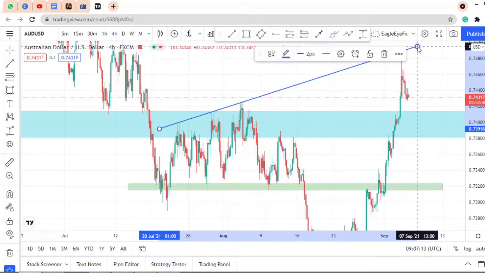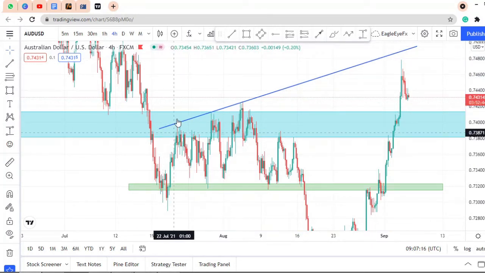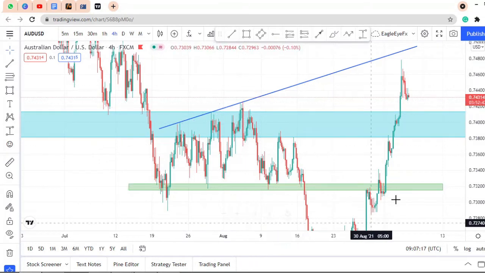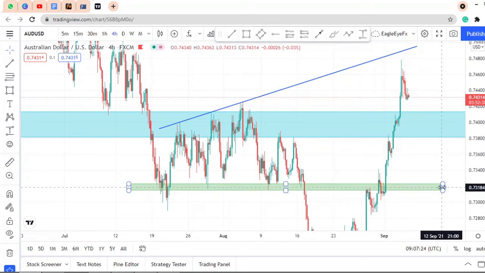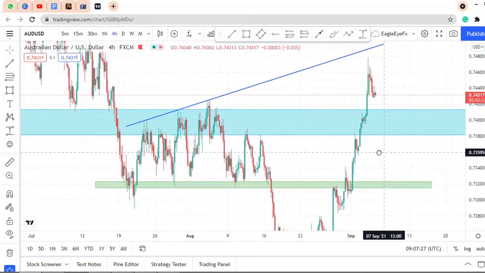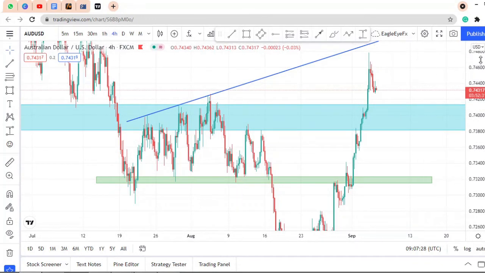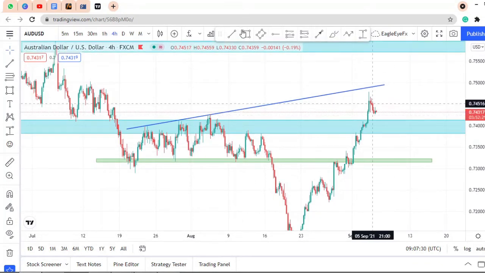Remember, there's nothing like a perfect trend line, right? But you can see rejection here and here. The market came down and went almost to this level, and now the market is trying to push down. So what do I see here?